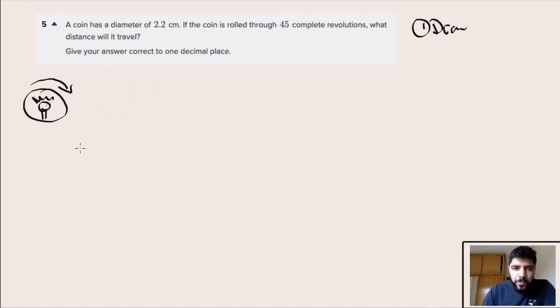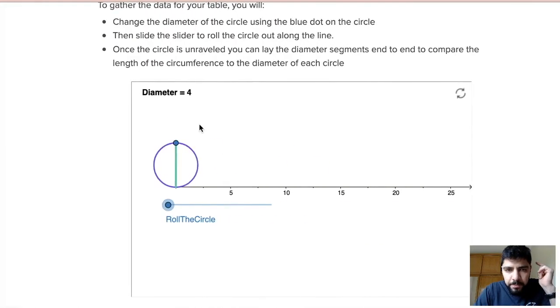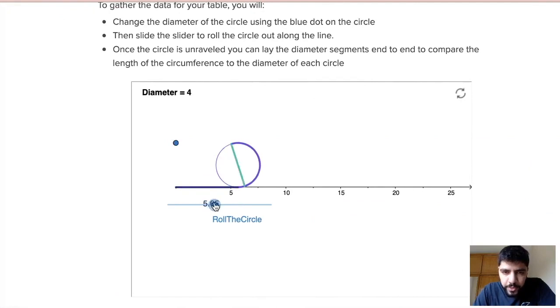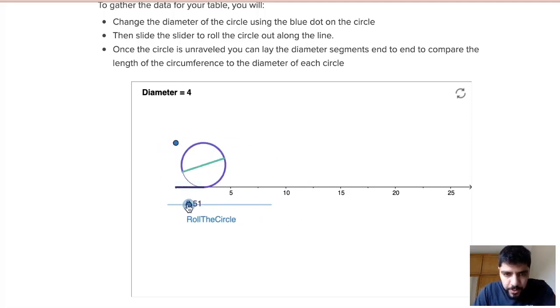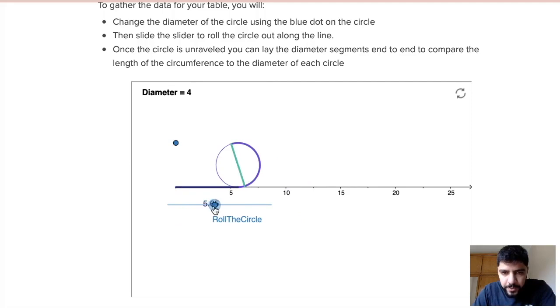Okay? And I hope this reminds you of the simulation I showed you in the last video. This is from MathSpace. Remember this little circle? If we roll it one whole time, watch the circumference of it unwrap. So right now the whole circle is wrapped with the circumference, and as we roll it, you can see the circumference is sort of unwrapping.